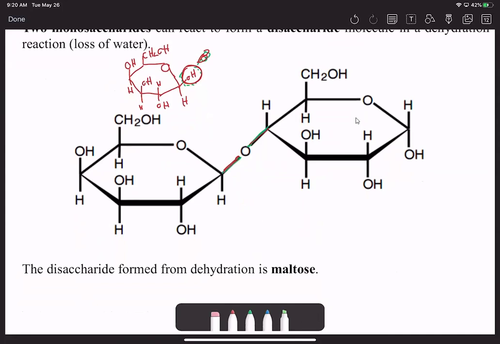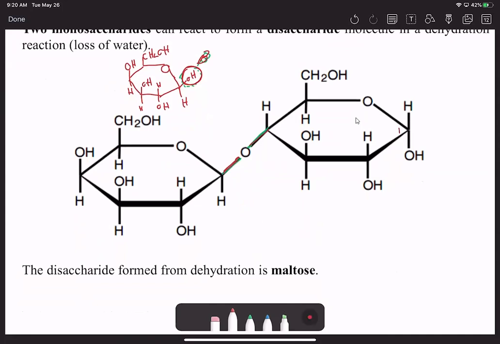Let's number these carbons. 1, I'm going to circle this, that this is going to be labeled as beta.